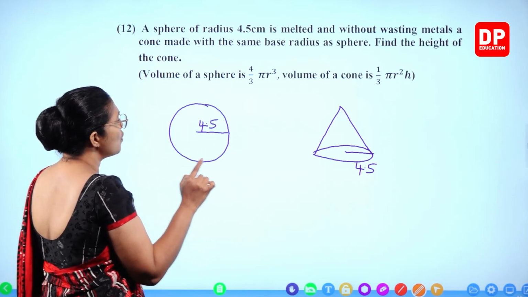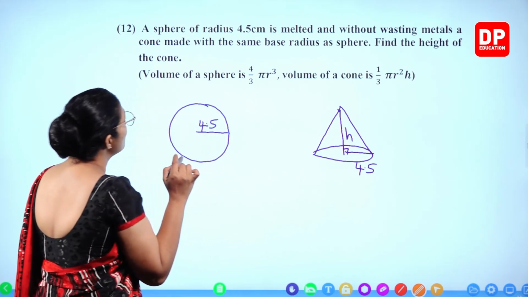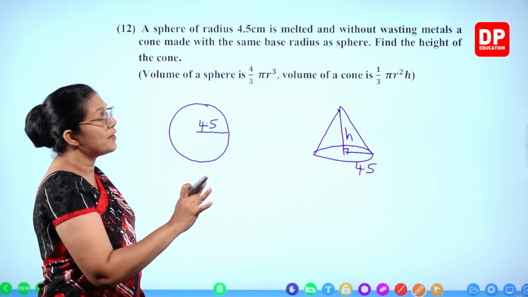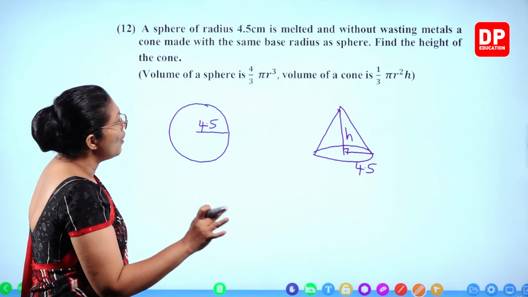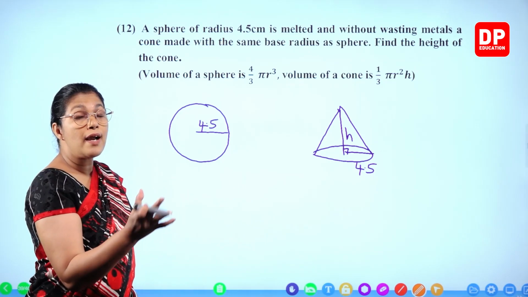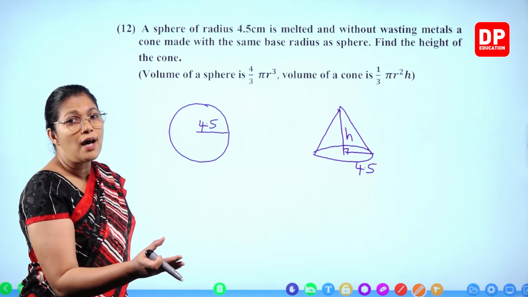Find the height of the cone. So we don't know the height of the cone, and you are asked to find that. The volume of the sphere is 4/3 pi r cubed and the volume of the cone is 1/3 pi r squared h. So when there is no wastage, the volumes are equal.